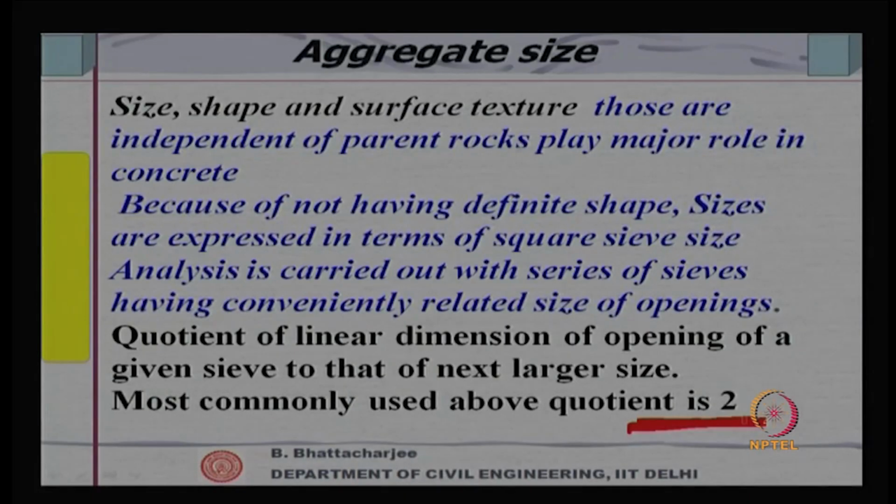So, it is convenient to express the size of aggregate particles in geometric progression, and the size quotient generally used is 2, although it could have been anything else, but this is most convenient to use, and that is what we have been using.